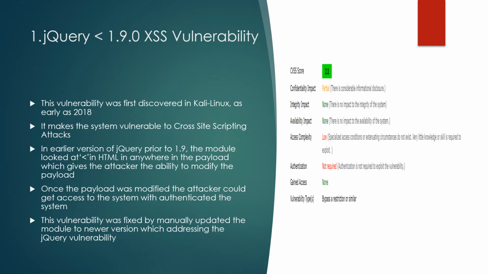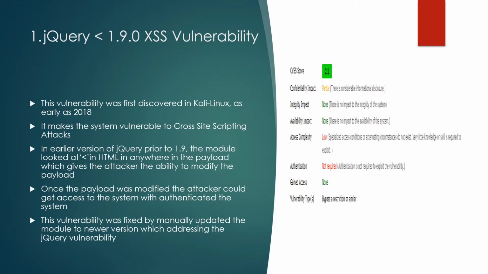In any version of jQuery prior to 1.9, the module looked for the greater than sign in the HTML, and if it is found in the payload, it gives the attacker the ability to modify the payload.